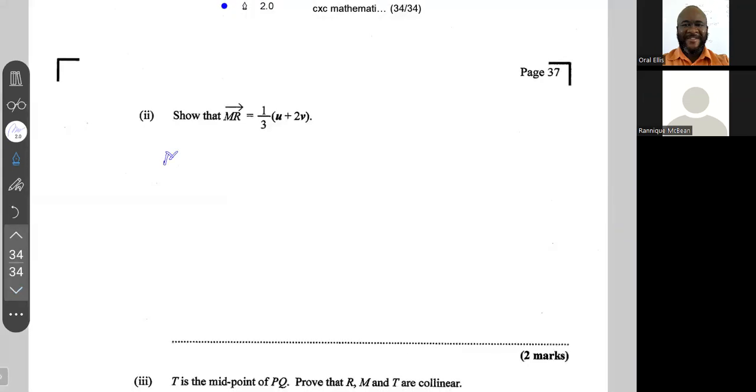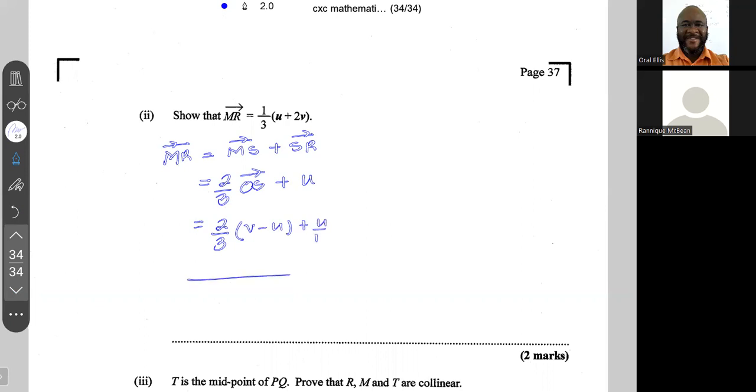MR is MS plus SR. Now, MS is 2/3 of QS, and SR is U. So this is 2/3 of V minus U plus U over 1.